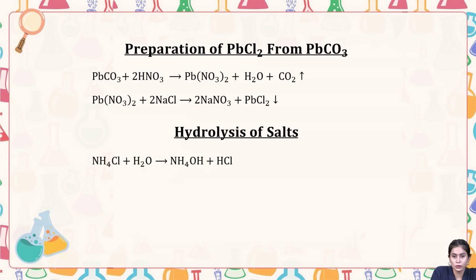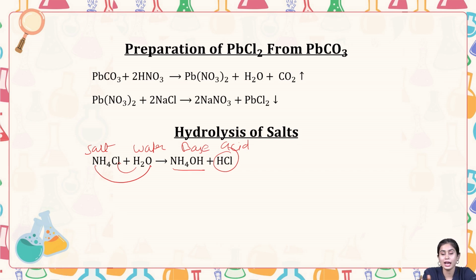This is what? Salt, ammonium chloride, plus water. Ammonium hydroxide plus HCl, acid. Ammonium hydroxide is a base. So did you see that? Hydrolysis of salt is exactly the reverse of your neutralization reaction. Moving on, NaHCO3 plus H2O.